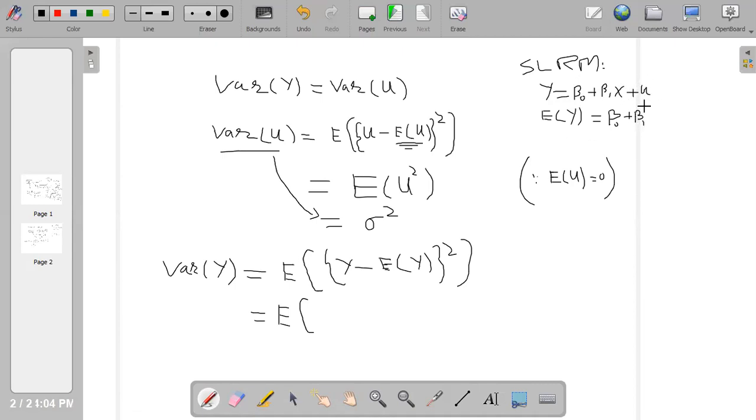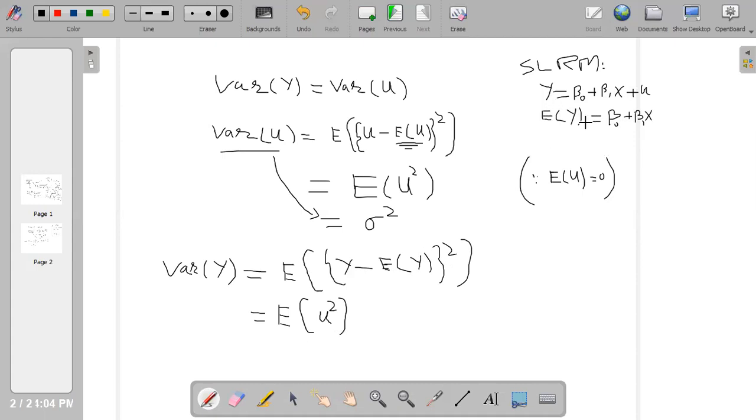And the expected value of u is 0 from here, right? So therefore, the expected value of y is something like this. So if you put these two, y here and the expected value of y here, it would be this right hand side minus this right hand side. So what will you get here?